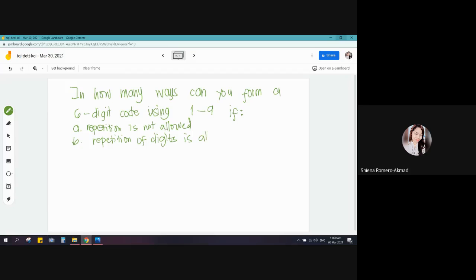And letter C, if the first digit is an odd digit. Okay, so how can we solve for that?